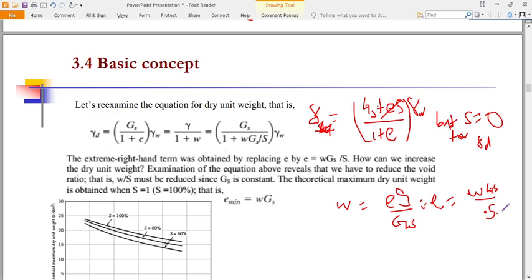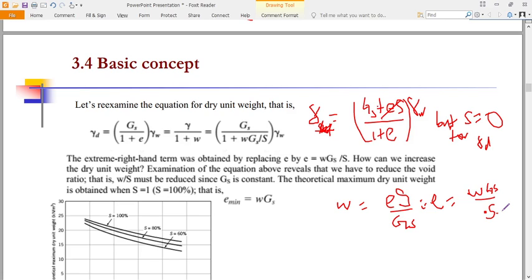Remember, if I take you back to this simple diagram, when S is equal to 1 we don't have this portion; the air void portion is equal to 0. So according to our formula, when this is equal to 1, we have the minimum void. Is that okay? Now, this is a theoretical one.